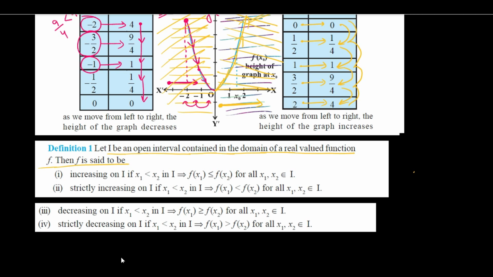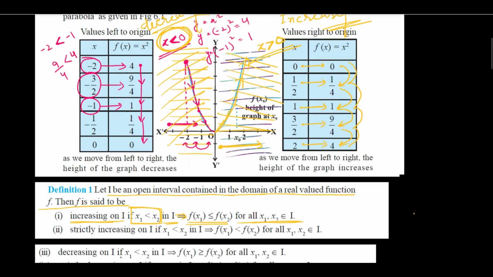Then f is said to be increasing on I if x1 is less than x2 in I, meaning we consider two points in the given interval, x1 and x2, for all x1 and x2 belonging to I. This implies f(x1) is less than or equal to f(x2), then the given function is increasing.